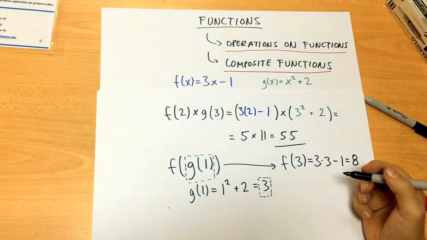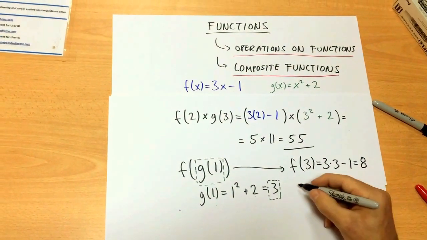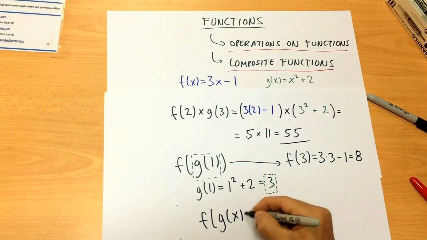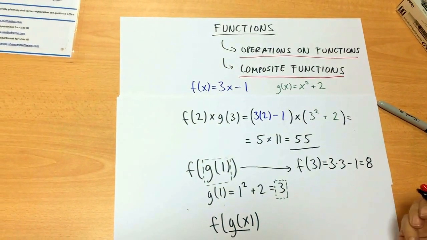So in other words, in composite functions, you are having, instead of f of x or g of x, you are having f of g of x, like this. So the input is a function.